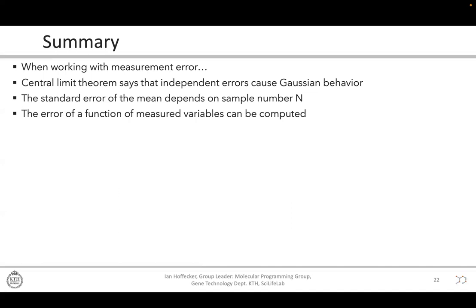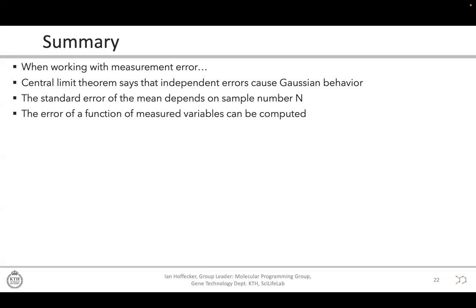In other words, it's the sum of independent random variables, and this is the central limit theorem, which says that you are going to get a Gaussian distribution when you sum these variables.